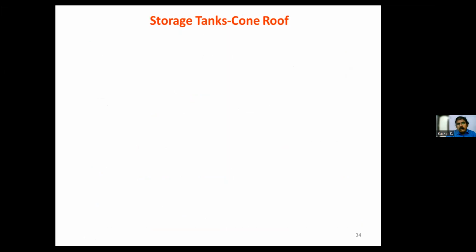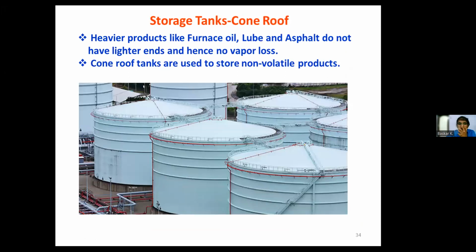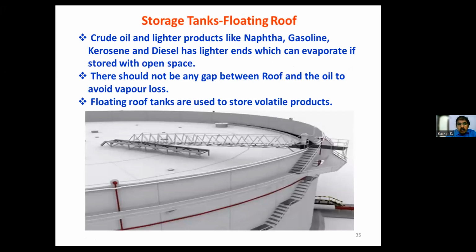We'll quickly go through the equipment used in the refinery. These are all huge tanks, used for storing non-volatile products which do not vaporize, like heavy ones. And we have floating roof tanks for volatile products that easily evaporate, like petrol and diesel, stored at atmospheric pressure.